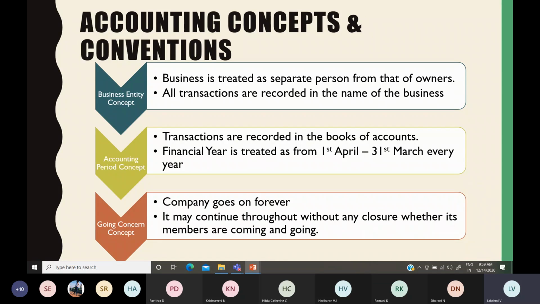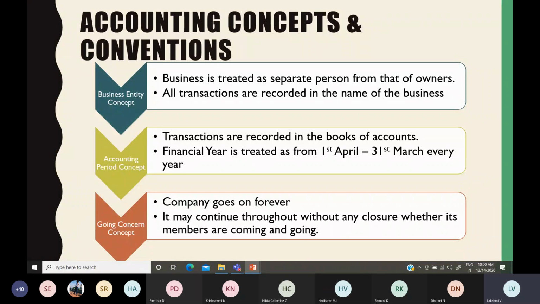If anybody retires, or dies, or a member becomes insolvent and no longer has the ability to pay his debts, or leaves the company, the company will not go. Everything is recorded in the name of the company; members can come in and go out, but the company will be there.